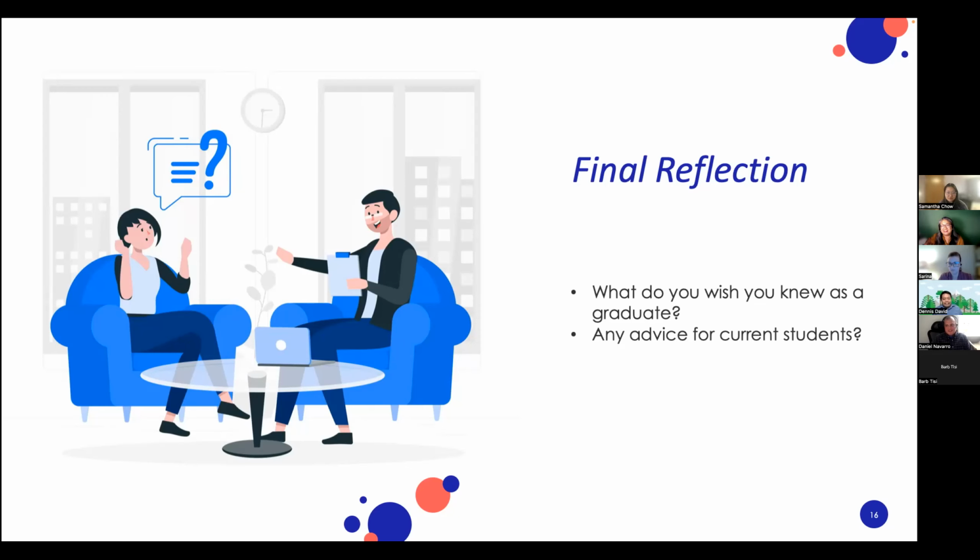I don't think the path is straight. It's not linear. I wish I knew when I was a student to just focus on one thing and get really good at it and then continue to grow. Also, I wish I knew the power of networking because 95% of my jobs that I got were through my networks.